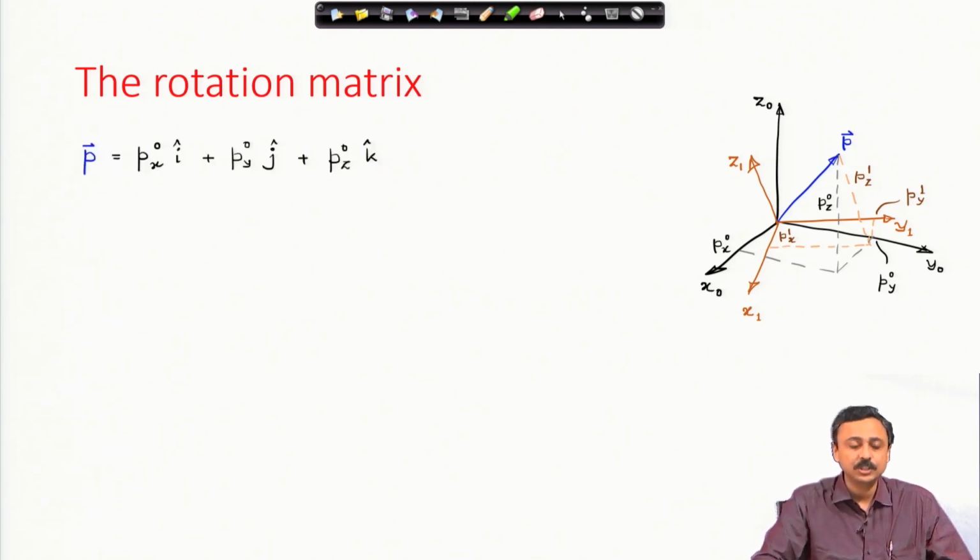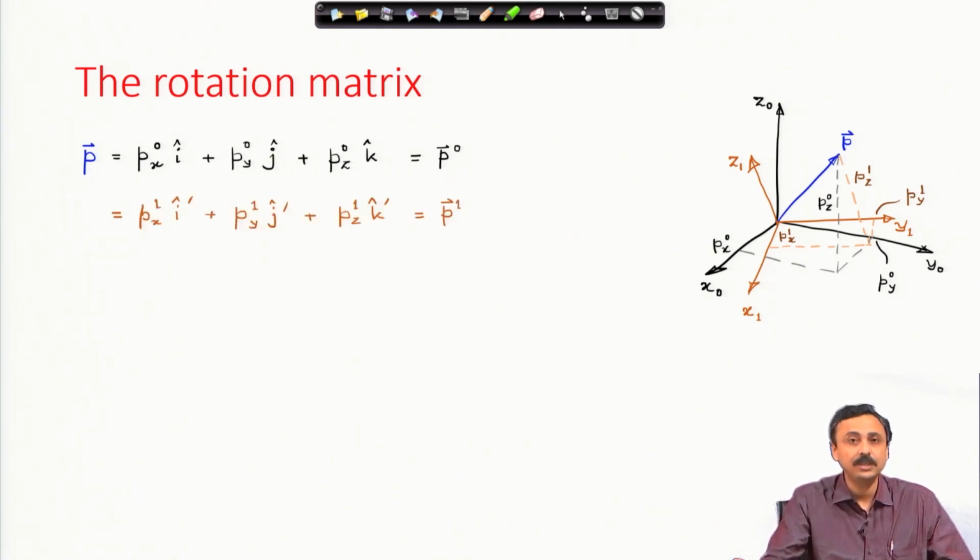Therefore, this is the representation of that same vector p in x 0, y 0, z 0. I will write p superscript 0 to differentiate, not because these two vectors are different, but to show the representation of p in frame 0, just to make it clear.